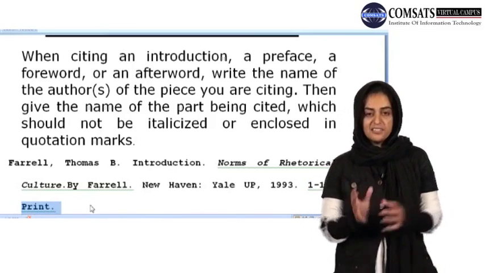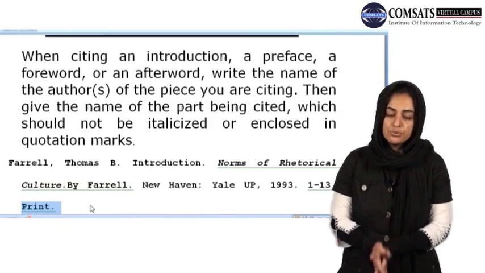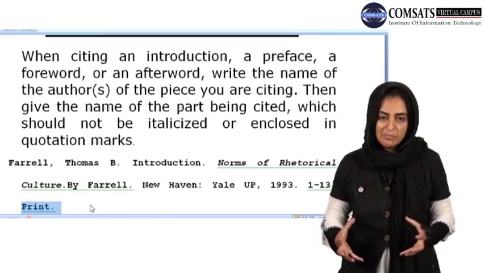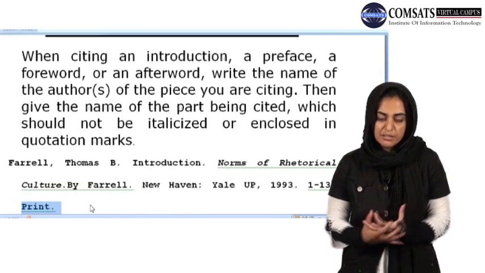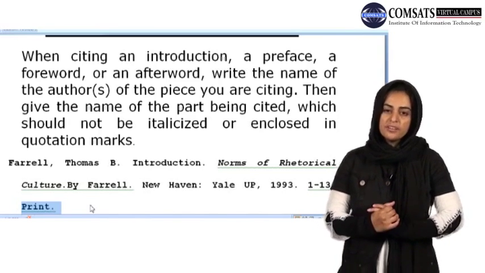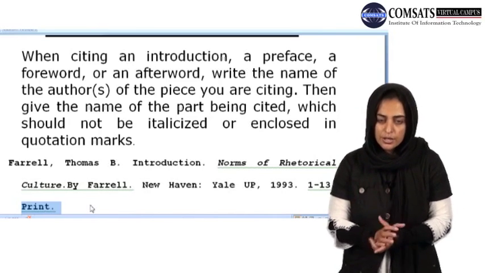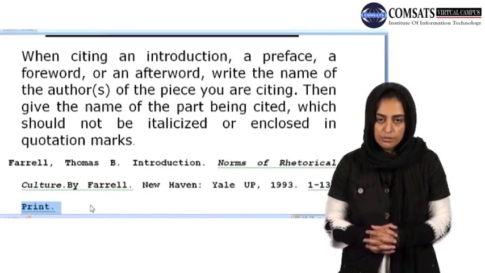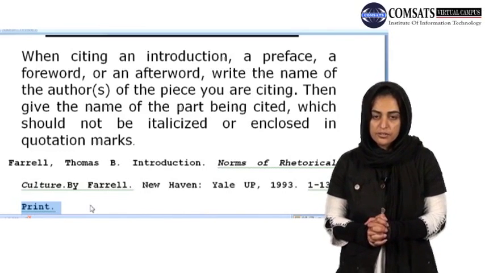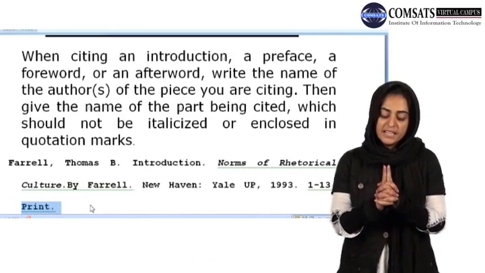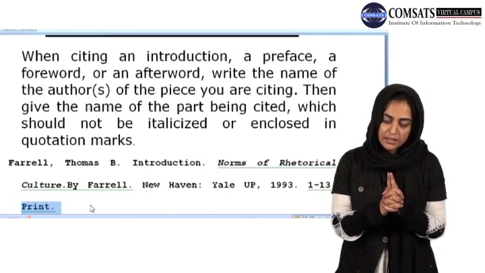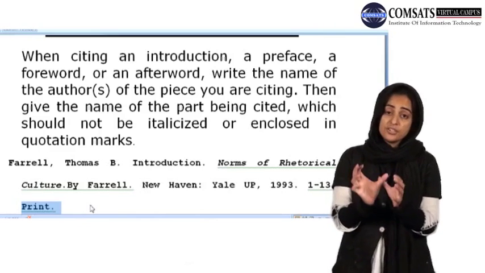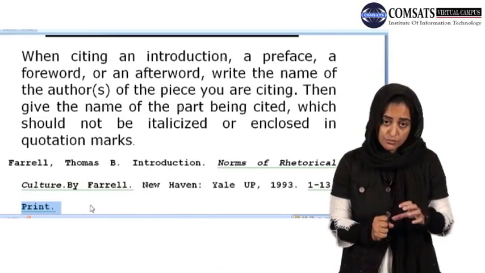Dear students, we are discussing a situation in which you are trying to make the detailed reference when you are picking up a particular piece of information from the introduction, preface, afterword, or foreword of a book. So first you will be writing the name of the author of that particular piece of writing. For example, there is a person who has written the introduction of the book.